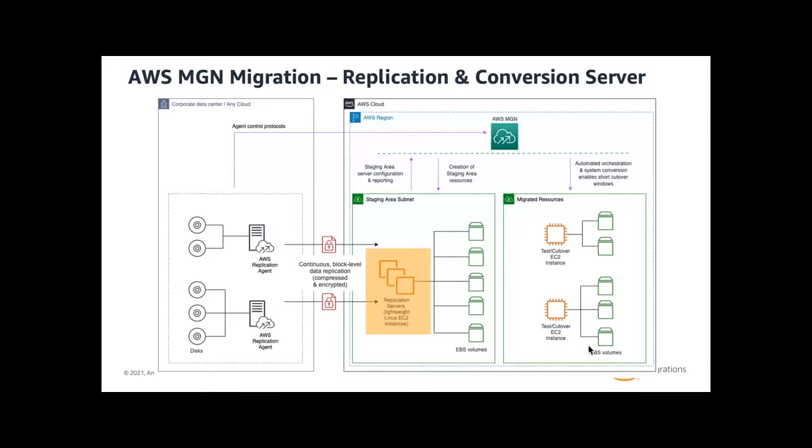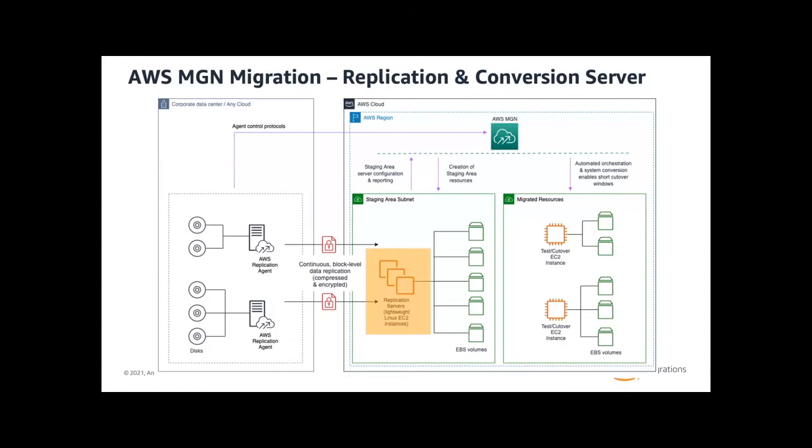And one additional thing that you can find in the documentation is that as a general rule of thumb, one replication server can handle up to 15 concurrently replicating disks, right? So that's the max. But of course, you can have one-to-one mapping depending on the workload size, disk size, and network bandwidth, right?